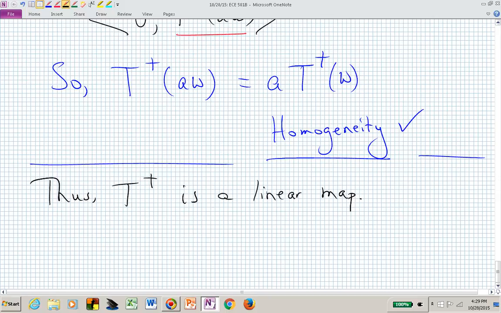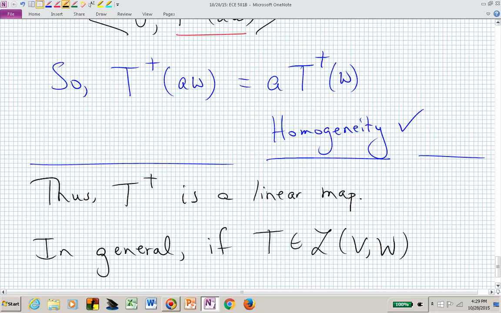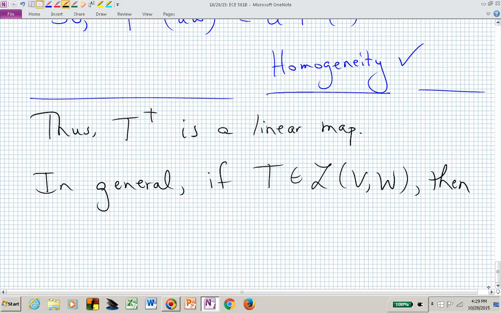Consequently, T dagger is a linear map, and in general, if we have a generic linear map, it's not necessarily an operator. We're taking this linear map between two vector spaces, V and W. If T is a linear map from V to W, then T dagger is a linear map between what vector spaces, or inner product spaces?